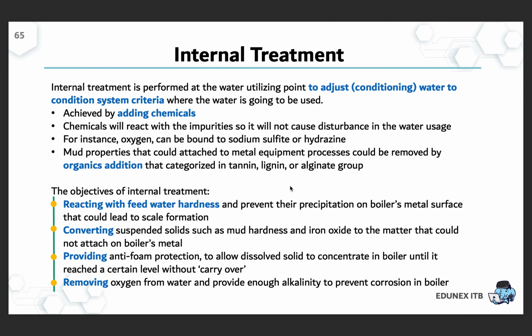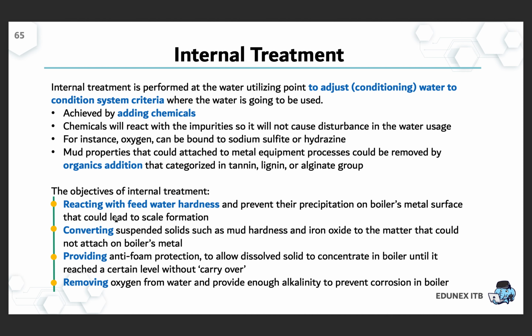Okay, the last one is internal treatment. For internal treatment, like I said last week, you add several chemicals, such as oxygen scavengers or corrosion inhibitors, into the water that has already been treated before. This is like an extra precaution. So this is the objective.